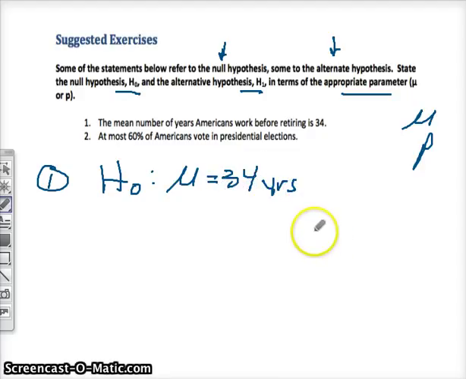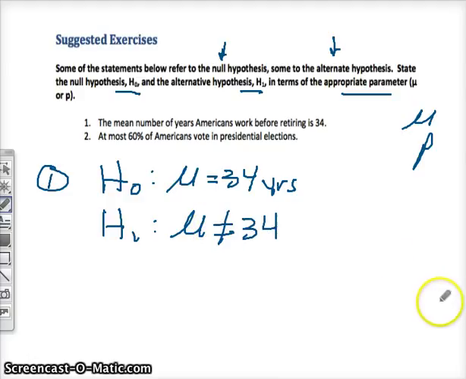Now, that is the null hypothesis. We have to come up with the alternative hypothesis. Well, there's no statement there, so we're just going to say it's not 34. This is all you have to do with question 1, okay?